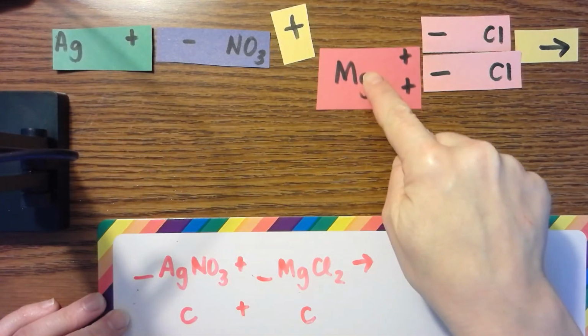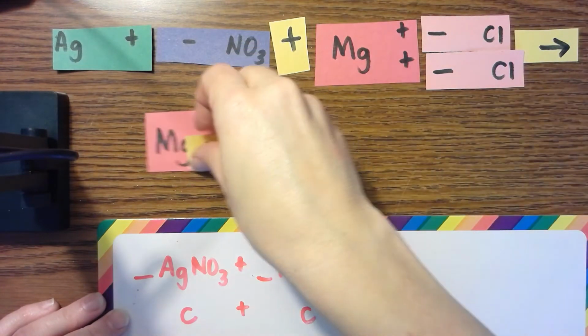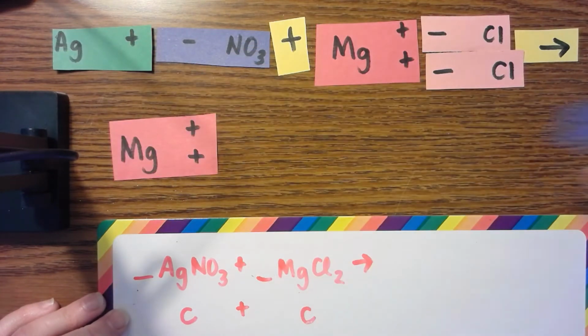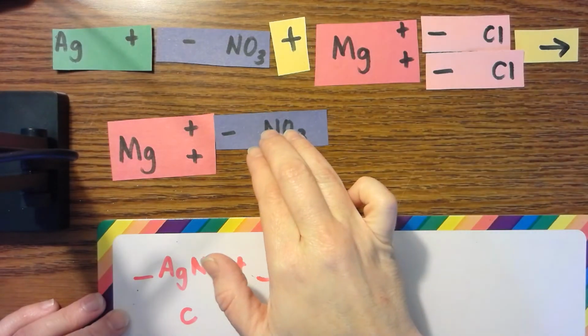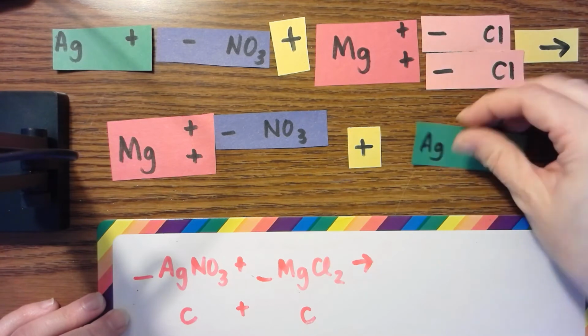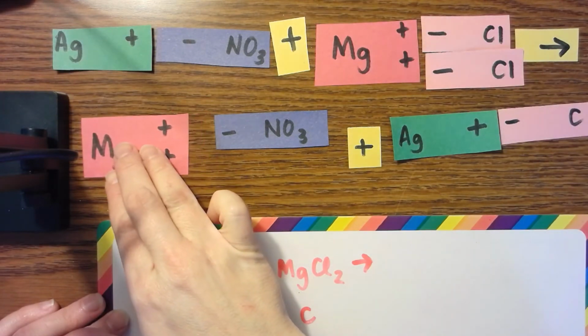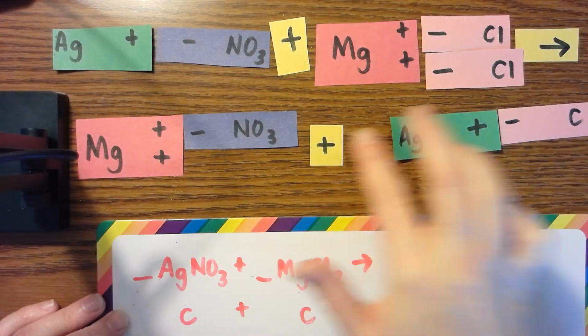So on the other side of my equation, that means that I want to put the Mg with the NO3, and I want to put the Ag with the Cl here. See if we can move those over just a little bit.